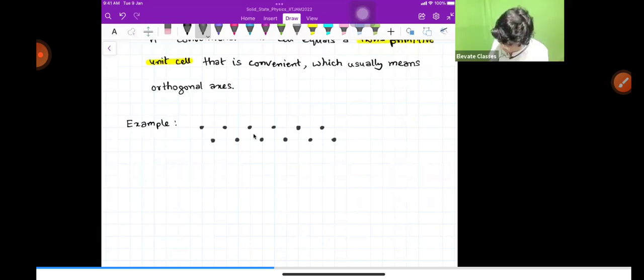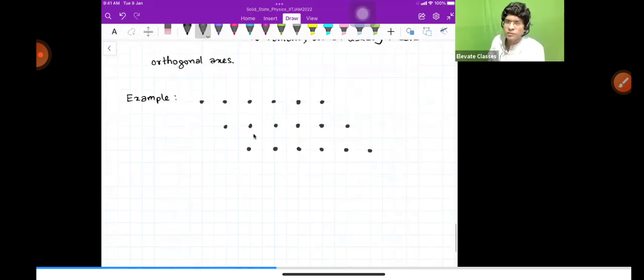All right, so let me draw it a little bit bigger. Okay, so there's another layer.